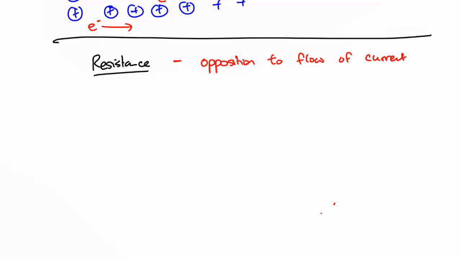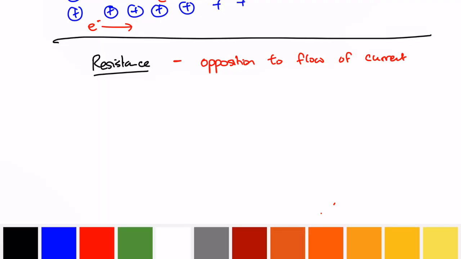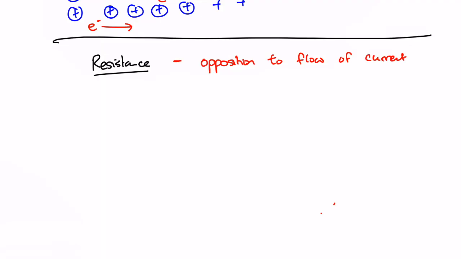So for instance, in the filament of a light bulb, here I've got my light bulb, I've got my wire in here. Regular wires are like the interstate. They allow fairly good conduction.